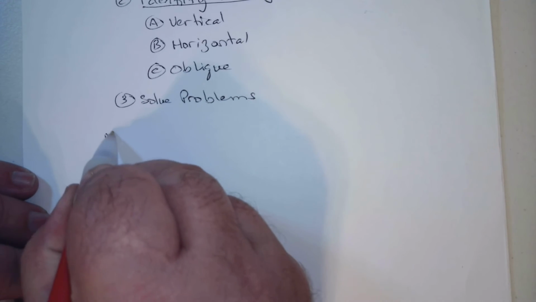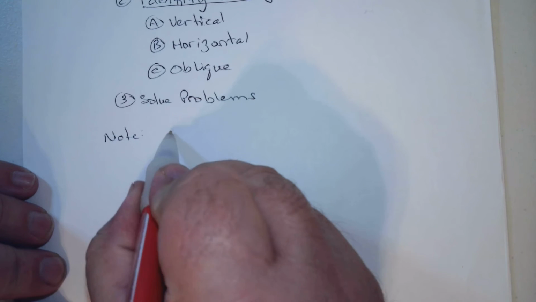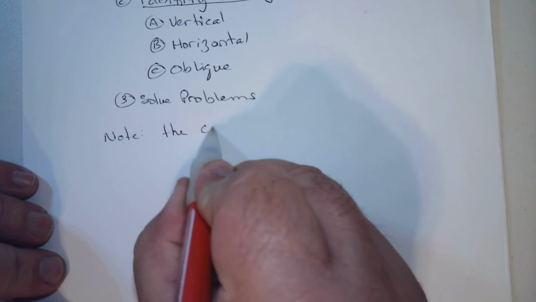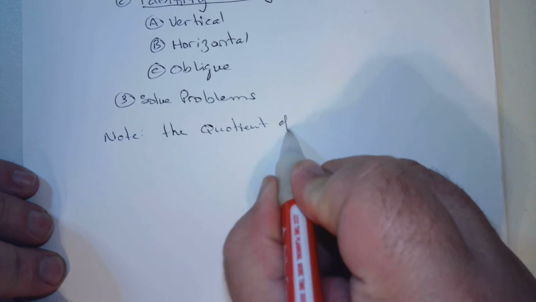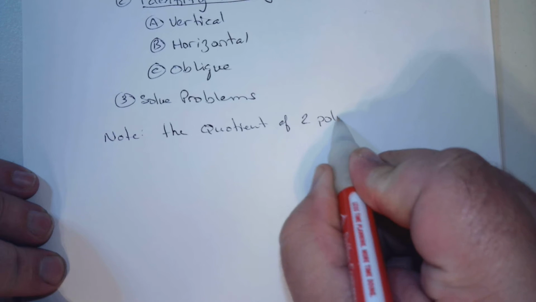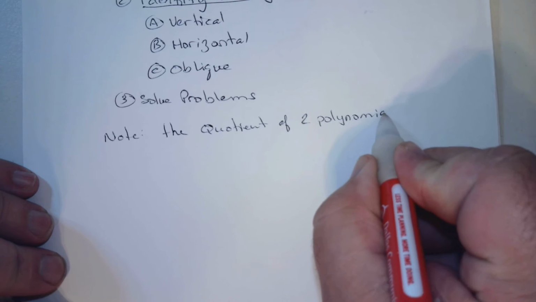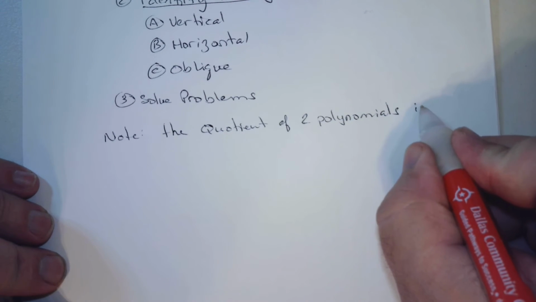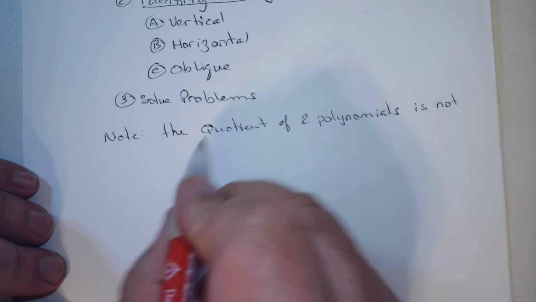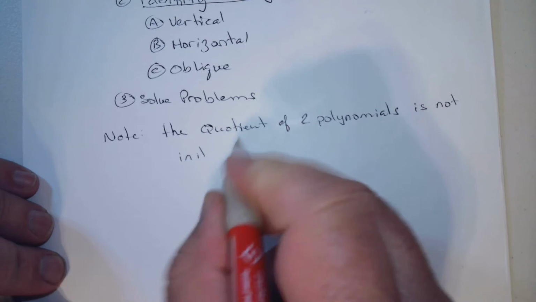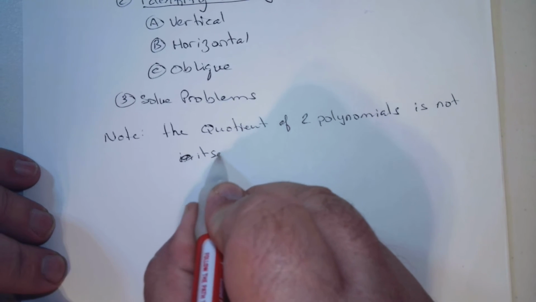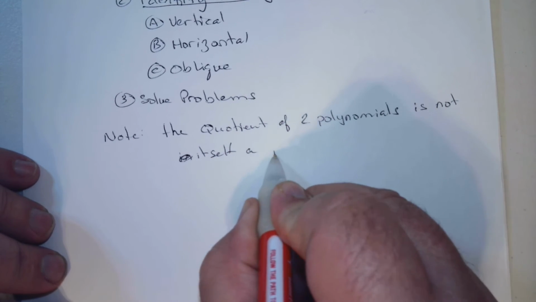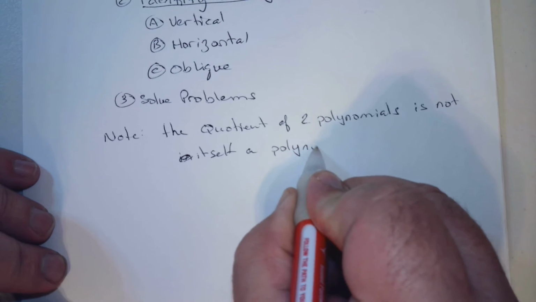Alright? First off, there's a note. The quotient of two polynomials is not itself a polynomial.